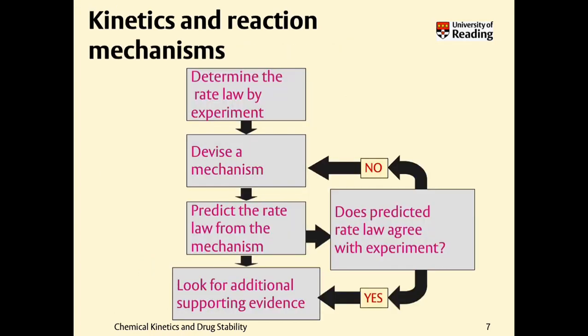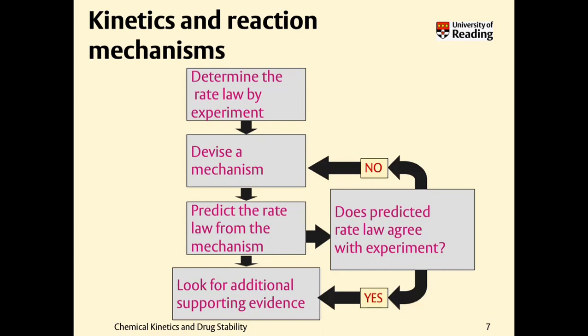So how do we link kinetics with reaction mechanisms? Well, what we do is we determine the rate law of a reaction by using experiments. And then we devise an idea of what the mechanism might be, so the number of steps involved in that reaction, based on a knowledge of the rate law and also a knowledge of the overall balanced equation.